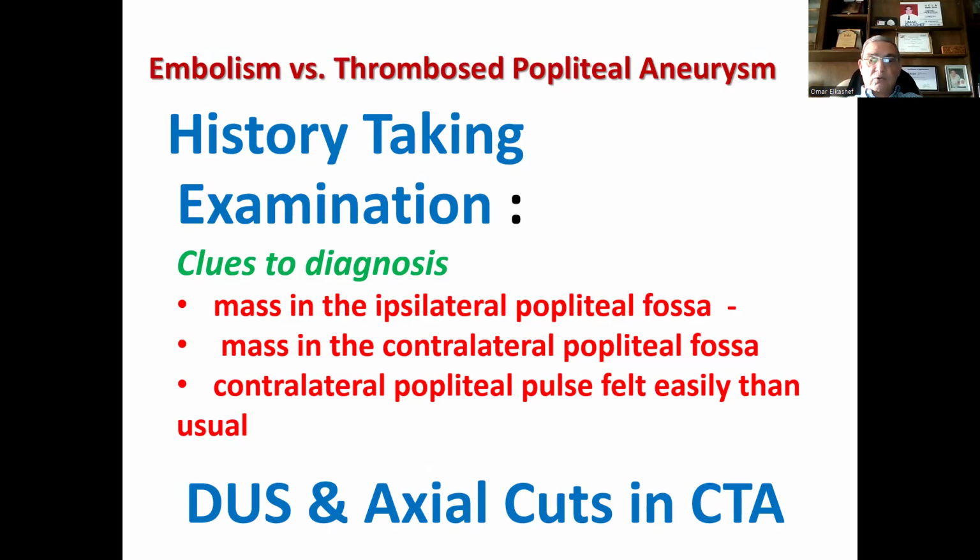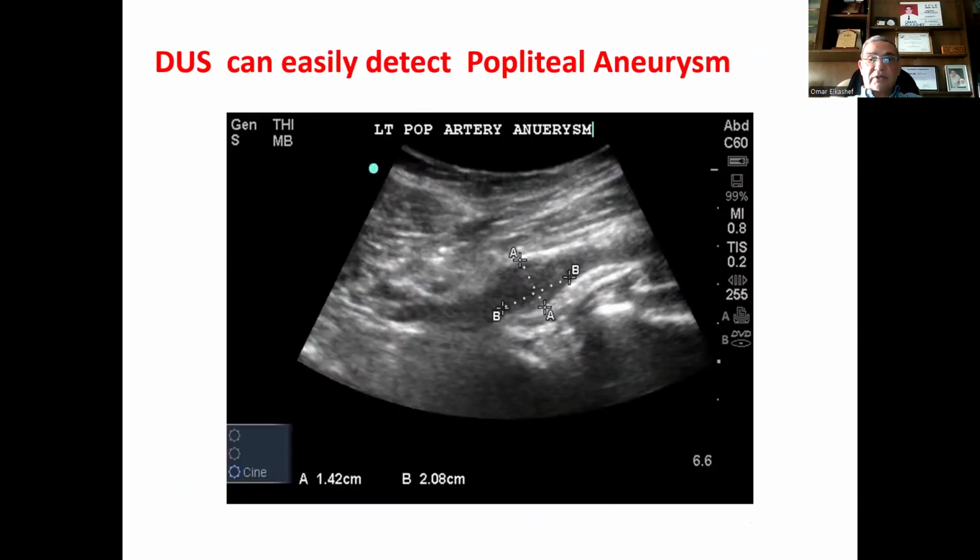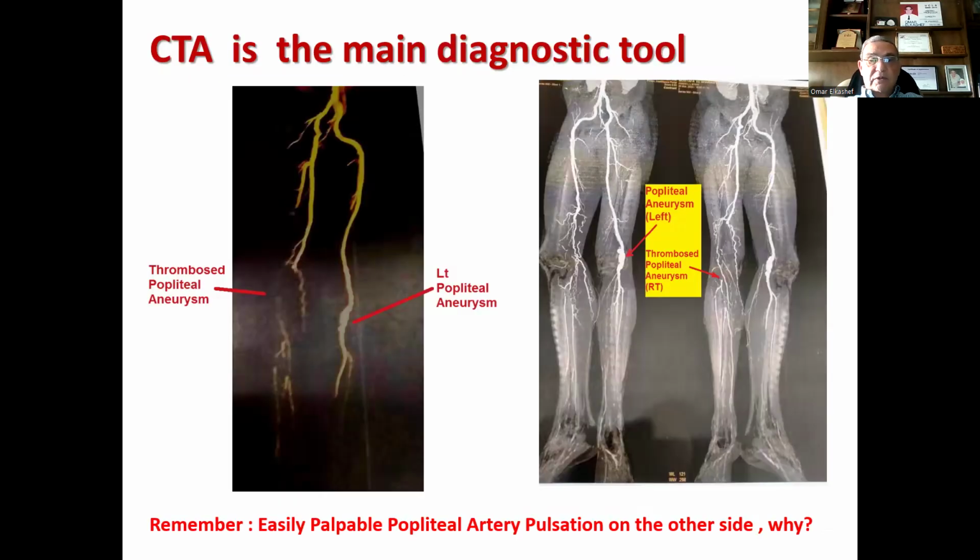And of course, use the duplex ultrasound and axial cut in CTA. So duplex ultrasound can easily detect popliteal aneurysm, as apparent in this record of duplex ultrasound: dilated popliteal artery.